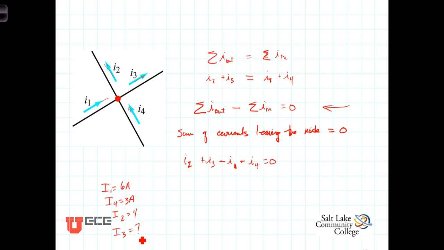Well, we have I1 entering, it'll be a negative value. I4 entering, that would be a negative value. So entering would be negative.